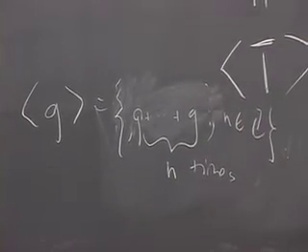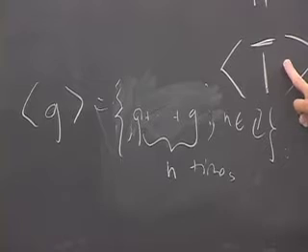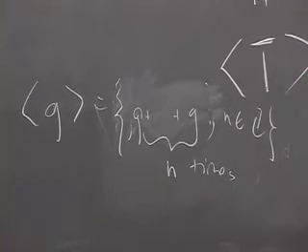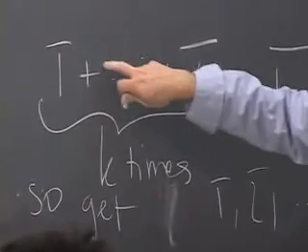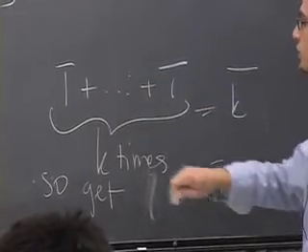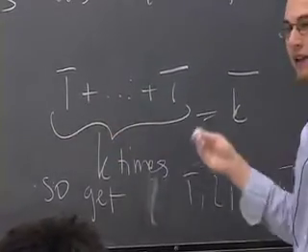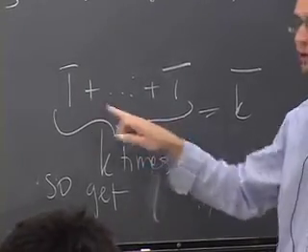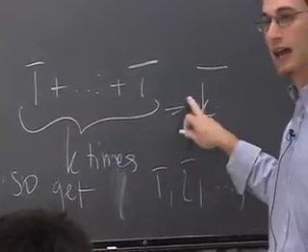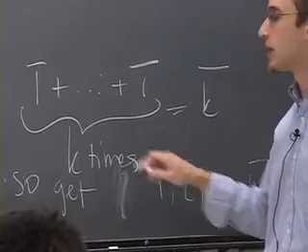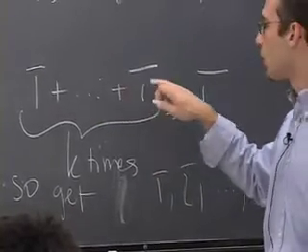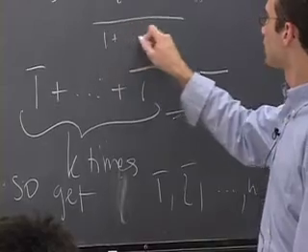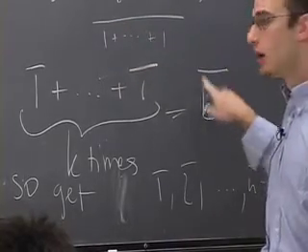In particular, the cyclic subgroup generated by 1 bar contains 1 bar, 1 bar plus 1 bar, 1 bar plus 1 bar plus 1 bar. So it certainly contains 1 bar added to itself k times. If I add 1 bar to itself k times, then I get k bar because of associativity. 1 bar plus dot dot dot 1 bar just looks like 1 plus k times, all bar.